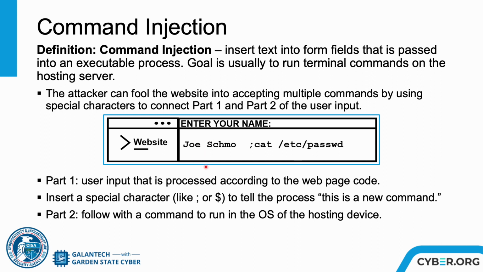And then this is going to be added to a database or a list as per the website process code. So inserting a special character like this semicolon or this backslash is basically interpreted in code as, hey, here's another command. We use the semicolon a lot in code. There are a ton of other characters that can achieve the same thing.